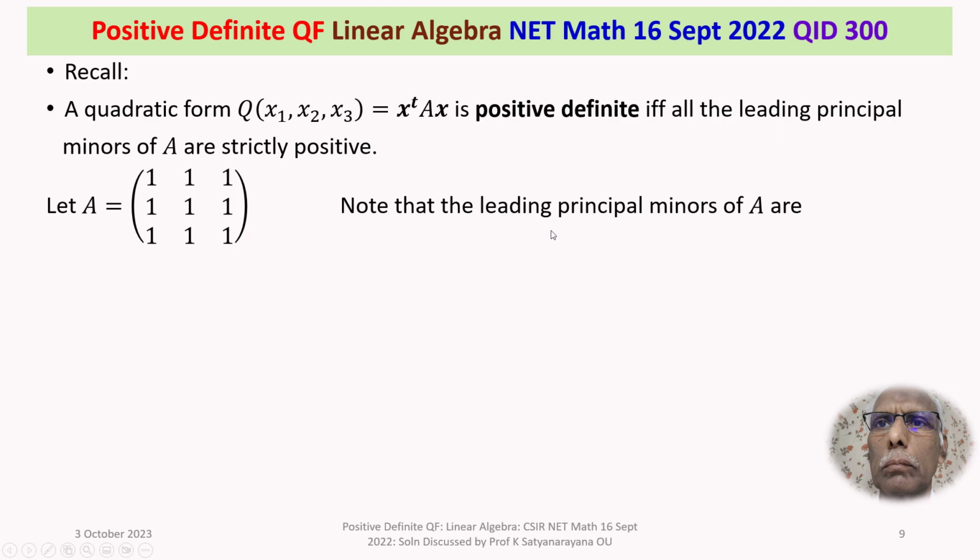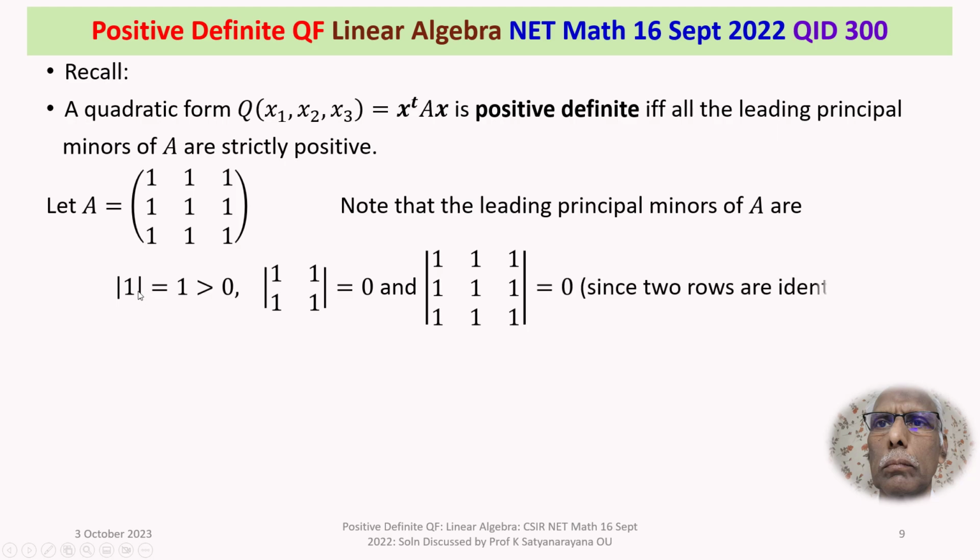Now, what are the leading principal minors? Brush up your knowledge on leading principal minors. What are the leading principal minors in this case? The first is the determinant of the 1 by 1 matrix whose entry is 1, which is 1. The second leading principal minor is the determinant of 1, 1, 1, 1, which is 0.